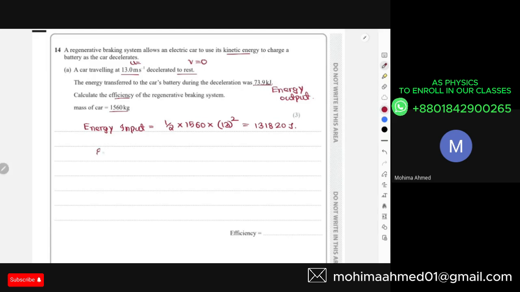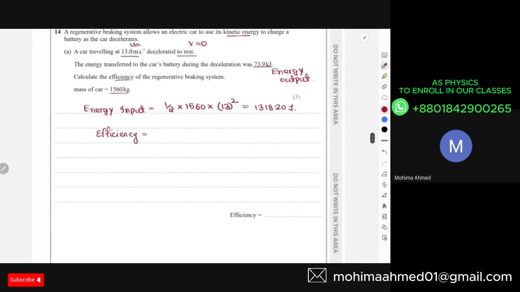So if I want to find out the efficiency of the regenerative system, they didn't ask you for the percentage. So I just have to use 73.9 times 10 power 3, dividing this by 131820.